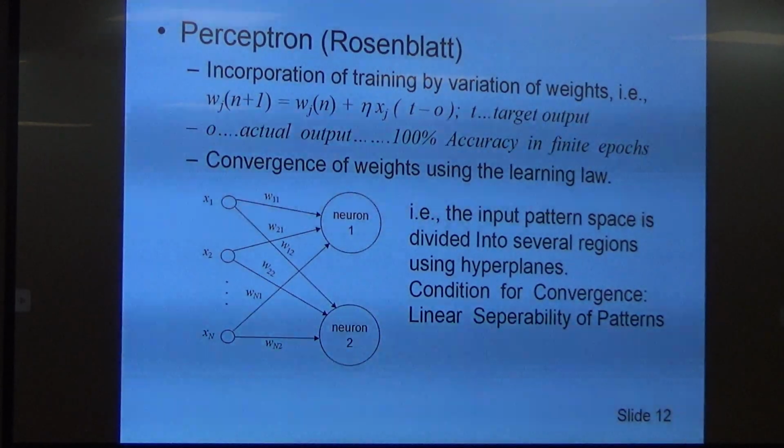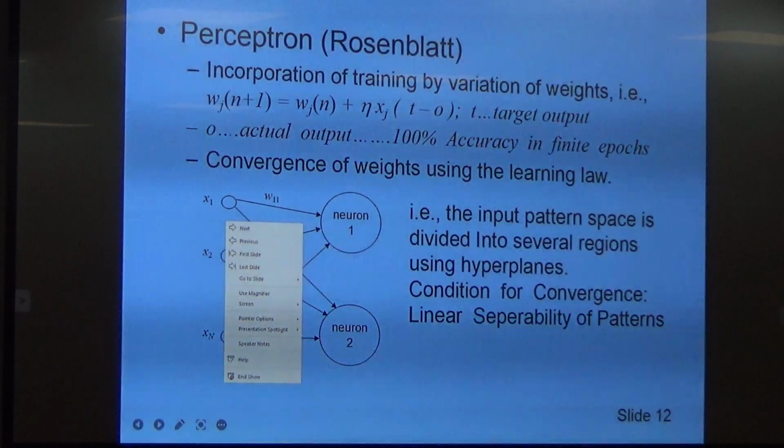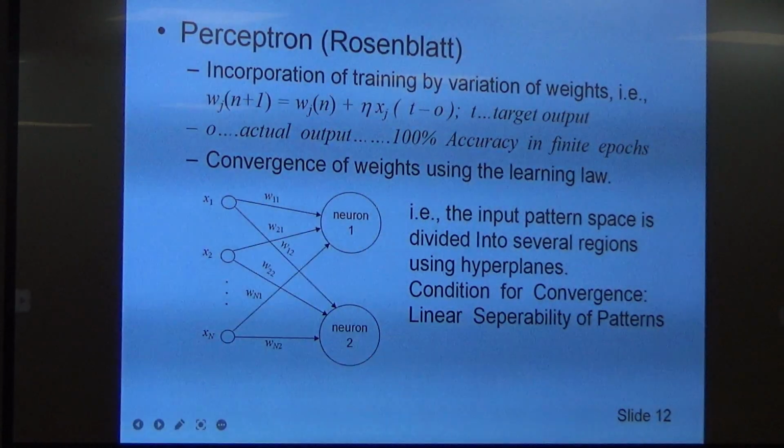So what do we do? We take the input pattern vector and put the perceptrons in a single layer. So the idea of a layer comes into the picture here. Suppose there is neuron 1 and there is neuron 2.